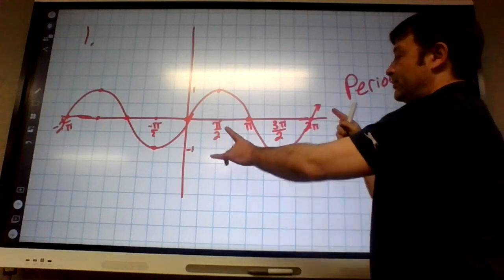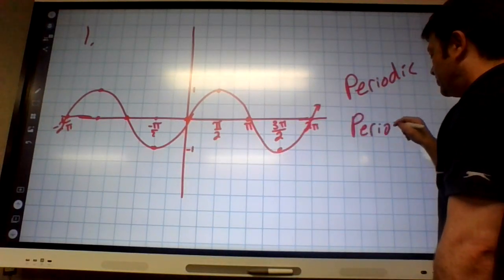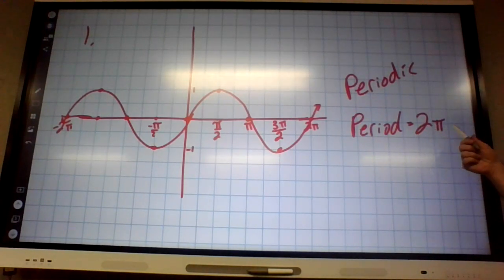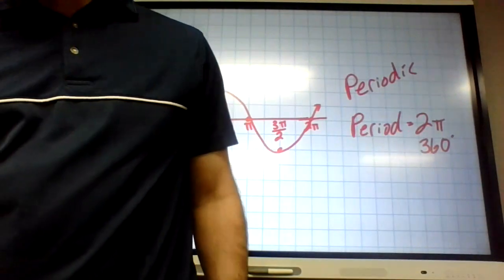So the period for this function, I don't think they ask us right here, but we'll need it for later. The period for a normal sine or cosine function is 2 pi, or 360 degrees. It's how long before it starts repeating itself.